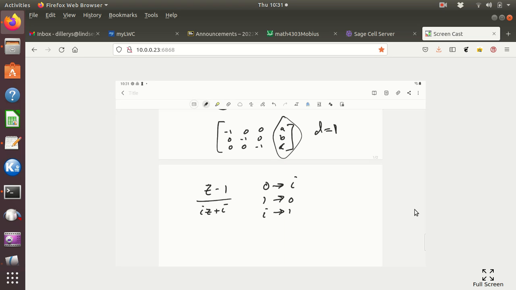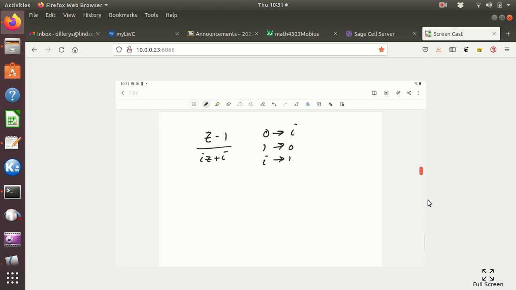So if I go back here, I got A equals minus I, B equals I, C equals 1, and then of course D is equal to 1. So what would that say that this should be? Well, it says it should be minus I Z plus I divided by Z plus 1.